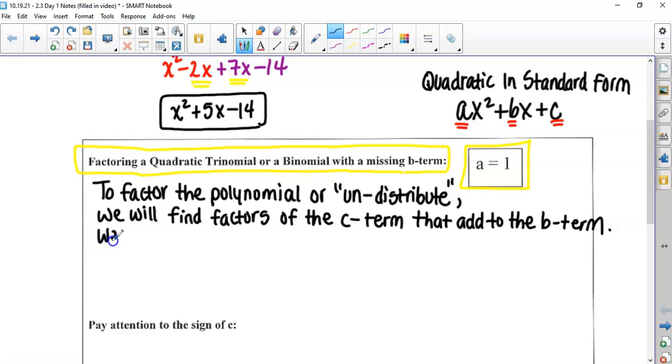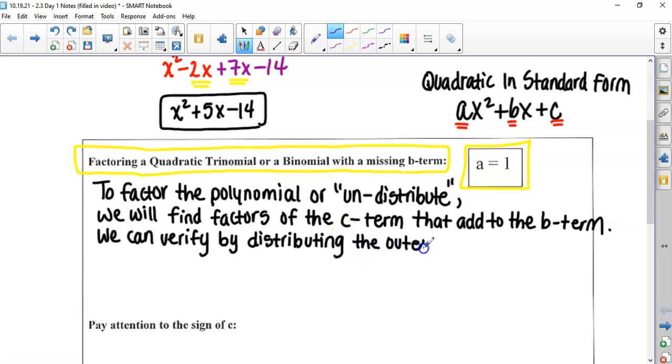We can verify by distributing the outer and inner terms.